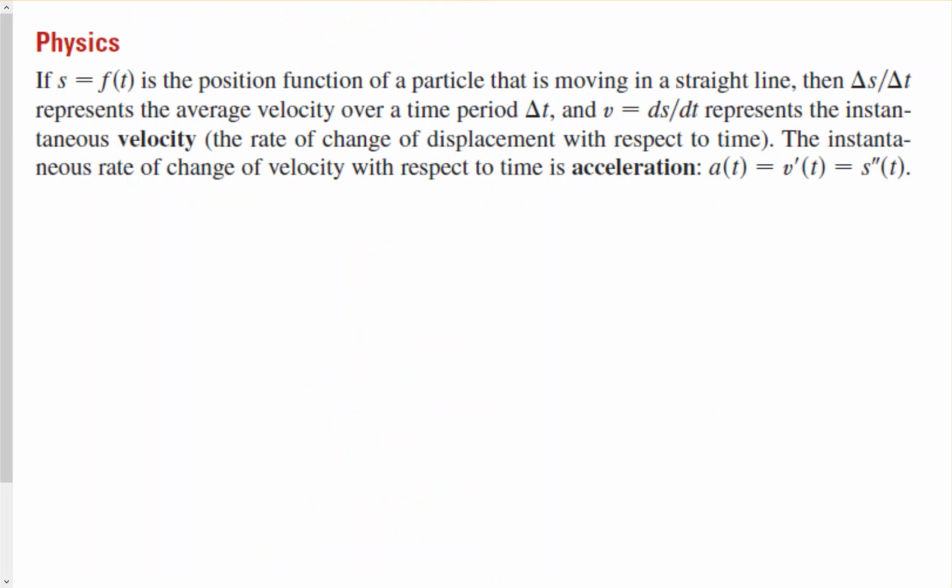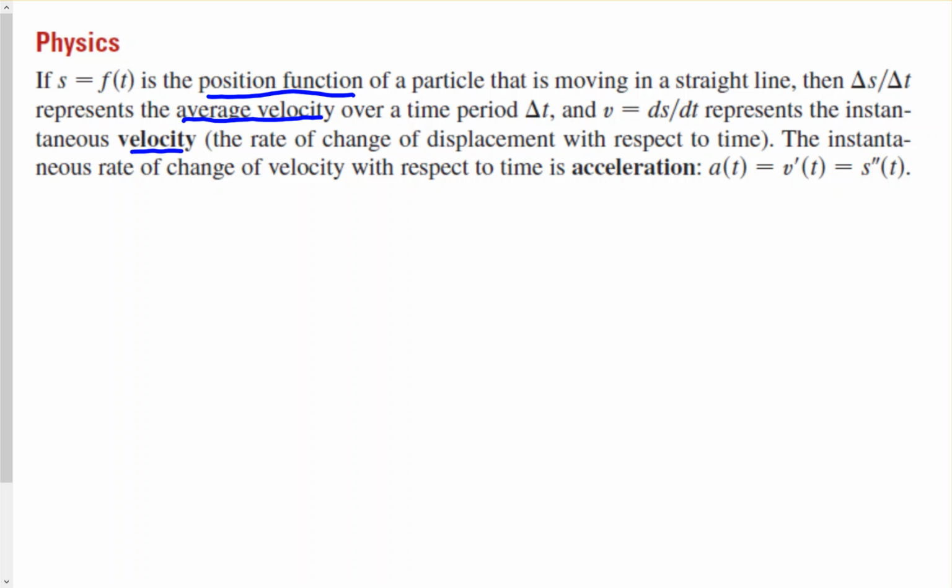In physics, s equals some function of t. It is the position function of an object, some particle moving in a straight line. If we do delta s over delta t, that's going to be the average velocity over a given time period. v is equal to ds/dt, so v is the velocity function.